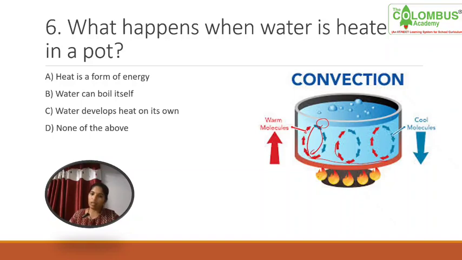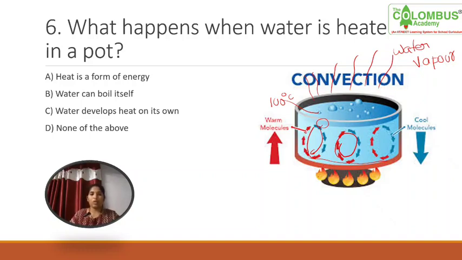This circulation helps distribute the heat uniformly throughout the water. When the entire water reaches the boiling temperature, that is 100 degrees centigrade, the water starts turning into water vapor, that is the gaseous state of water.